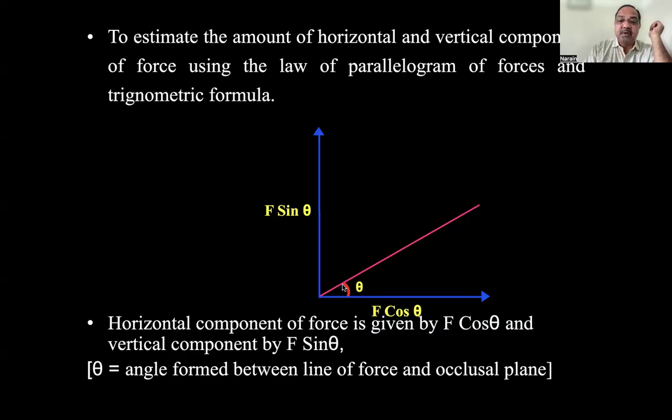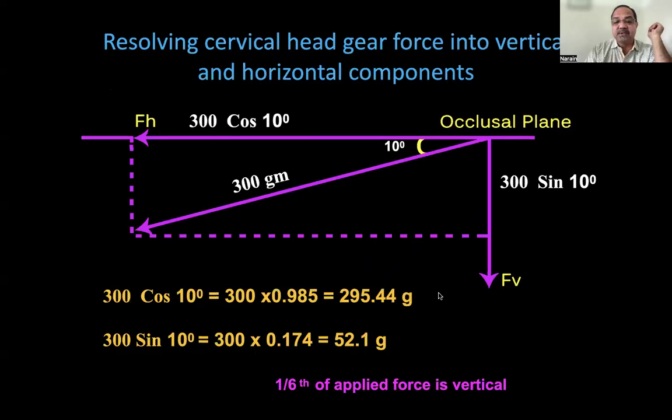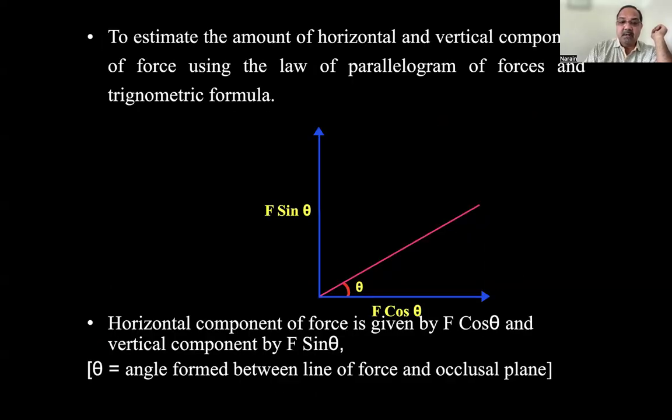Now, if you look at this figure, this is the headgear force that you're applying, and it has a horizontal component and a vertical component. You need to know how much vertical force and how much horizontal force there is.